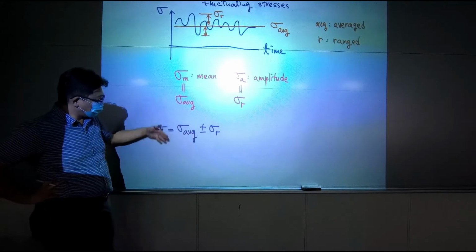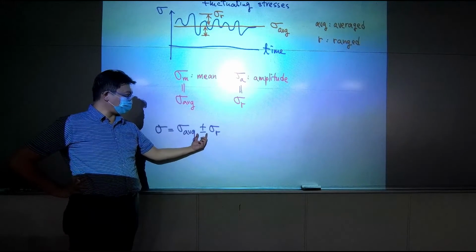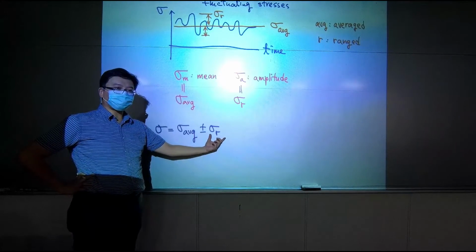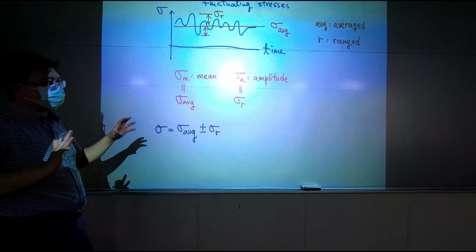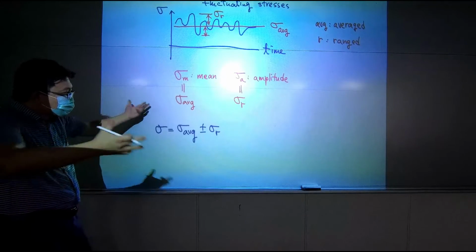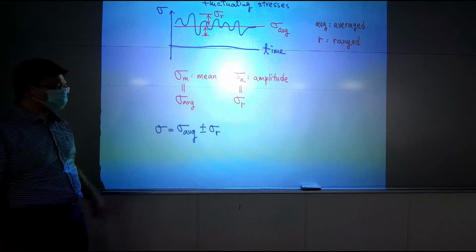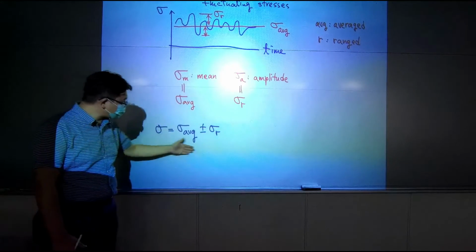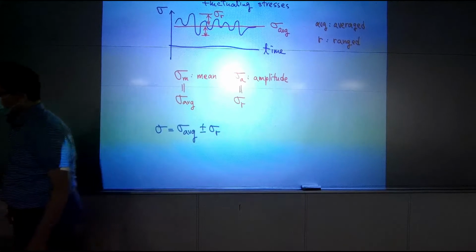Okay, so it leads to average stress plus or minus range stress. The easiest idea to make sure we can handle a fluctuating load condition like this is to make sure this is always lower than your yield strength.